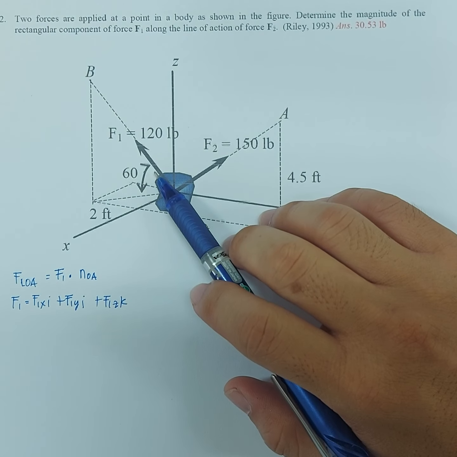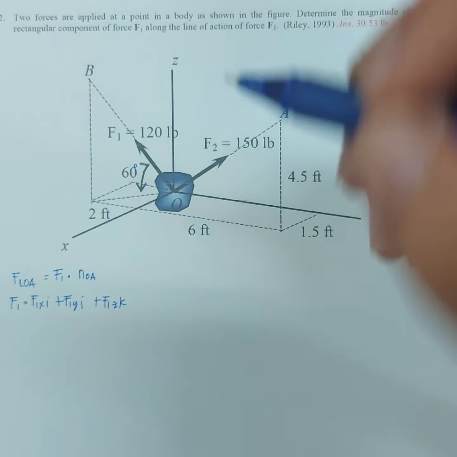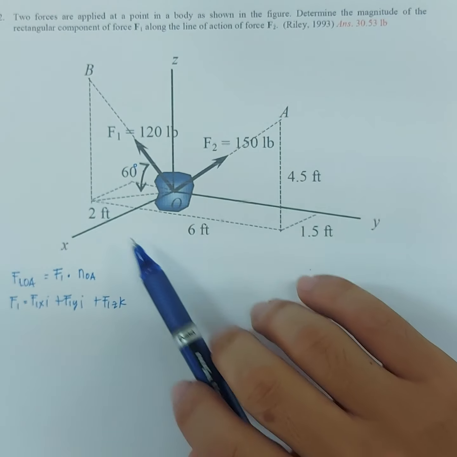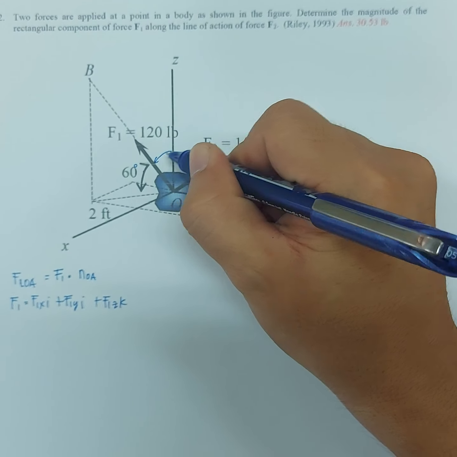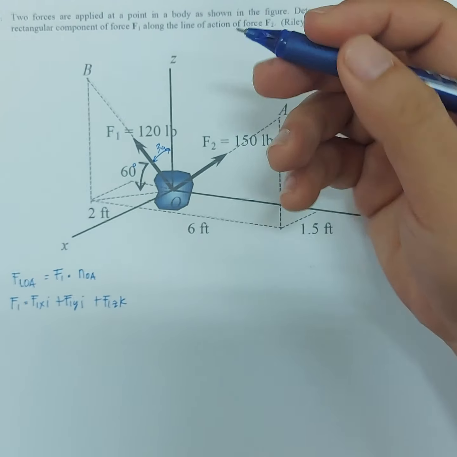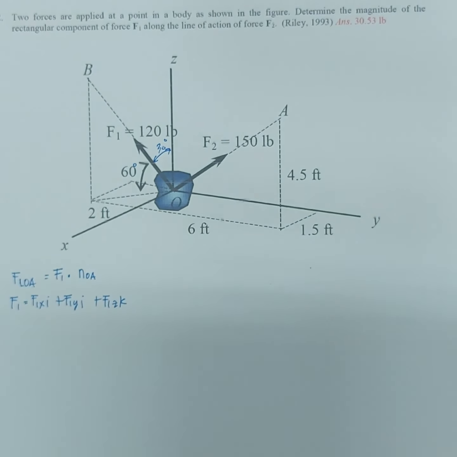and it is inclined at 60 degrees from the XY plane. So this is XY plane. So if that is 60 degrees, then this is 30 degrees.